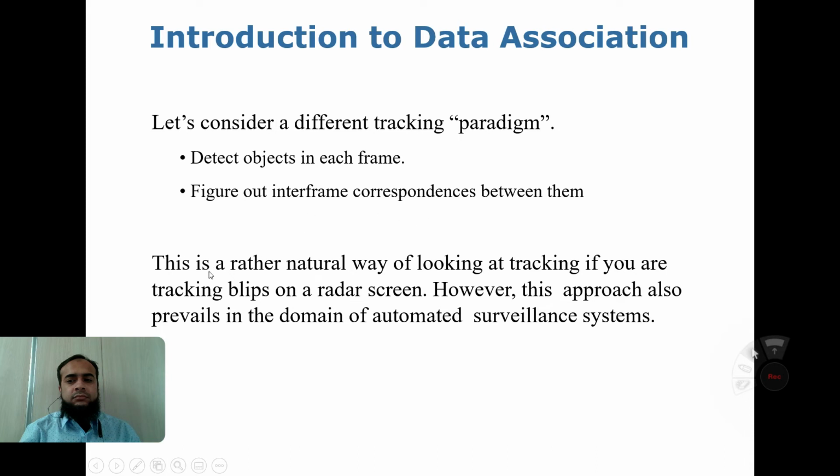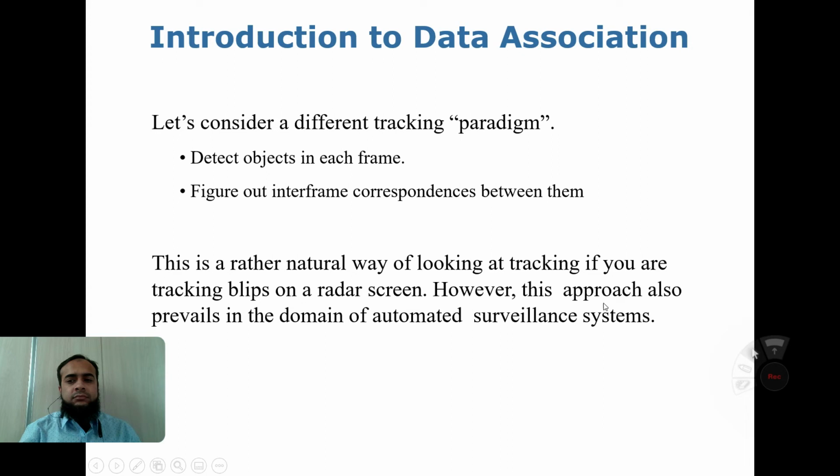So this is a rather natural way of looking at tracking if you are tracking blips on a radar screen. For example, on the radar screen there is a light effect which reflects the blips on the screen. So it is very similar to this example, tracking blips on a radar screen.